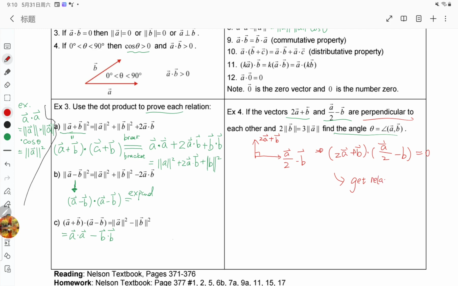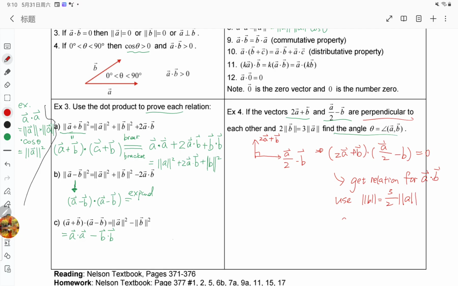Get a relation for a inner product with b, and then use the norm of b being related to the norm of a.